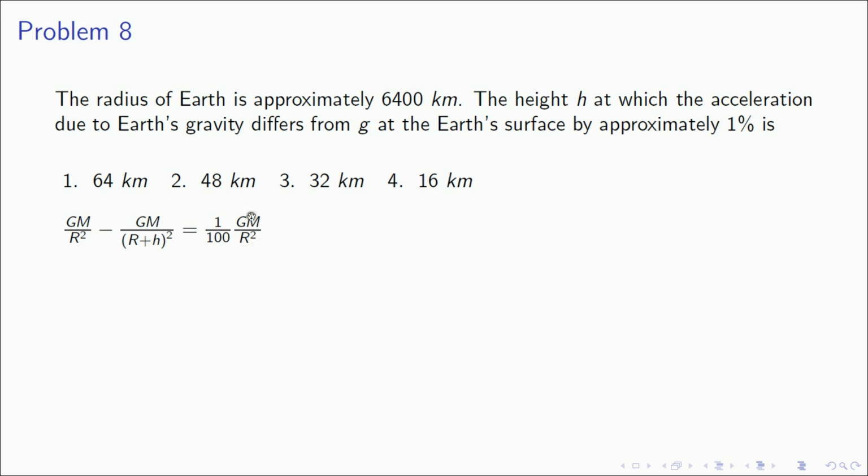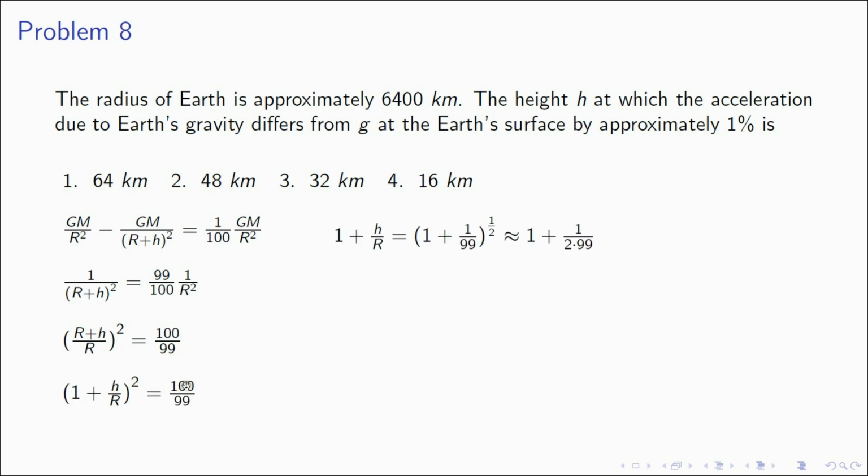So GM will cancel out, and then you can take this term to this side and this term to this side, and basically you will have this, and r square you can bring to the other side. So you will get this one, and you can write this as 1 plus h over r whole square is this.